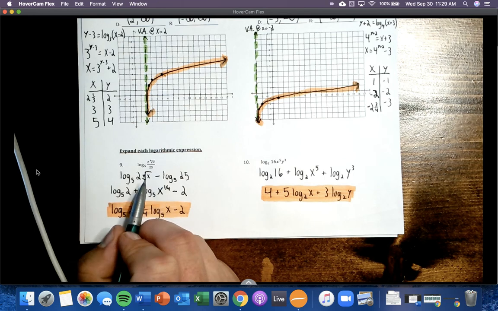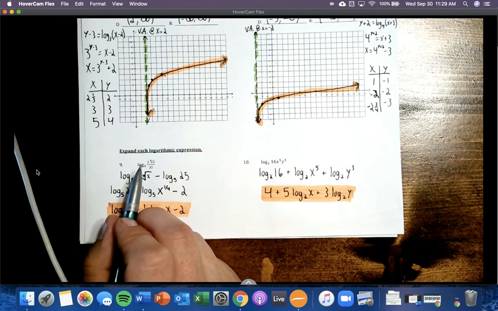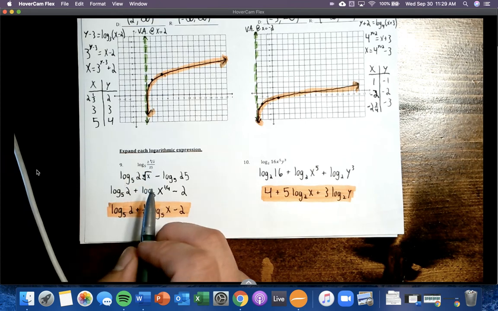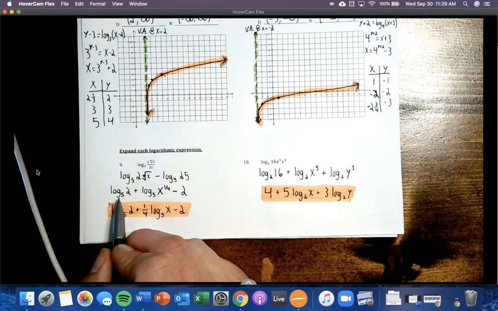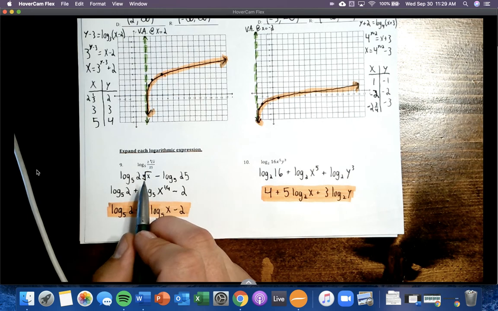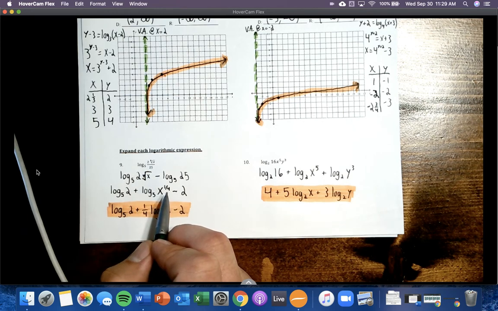Then we see this 2 times the 4th root of x. Well, that's a multiplication problem, so we can split that up into an addition problem. So we get log base 5 of 2 plus log base 5 of x, and remember, if it's the 4th root of x, we can just say x to the 1/4.